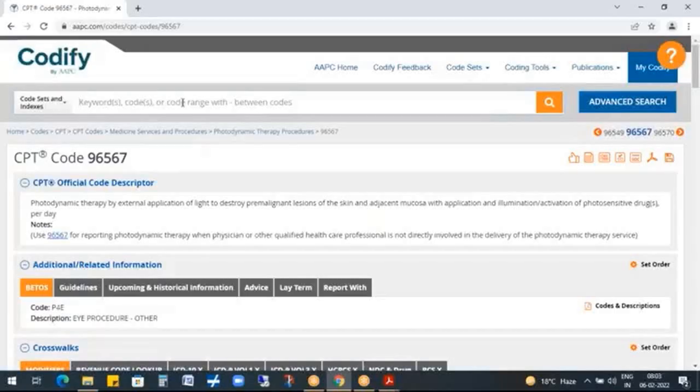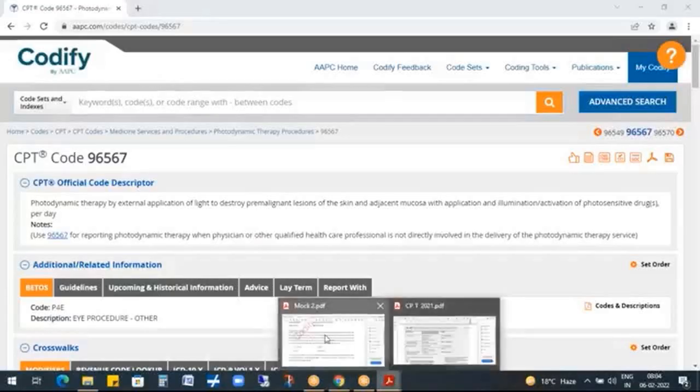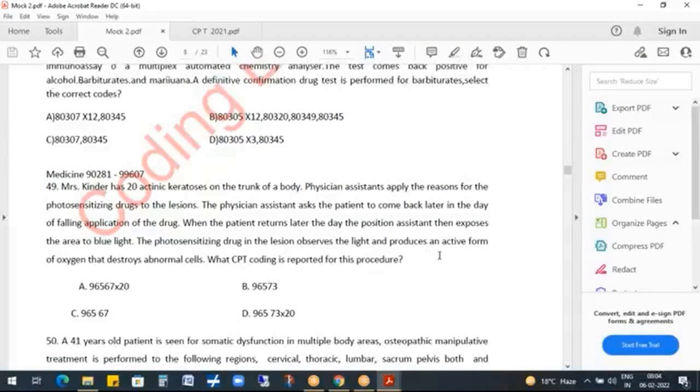See, can you see here? Application of light to destroy premalignant lesions of the skin with application and illumination or activation of photosensitive drugs, per day. Now try to see the code description, what they are doing, in the scenario on the day of application of the drug, when the patient returns.